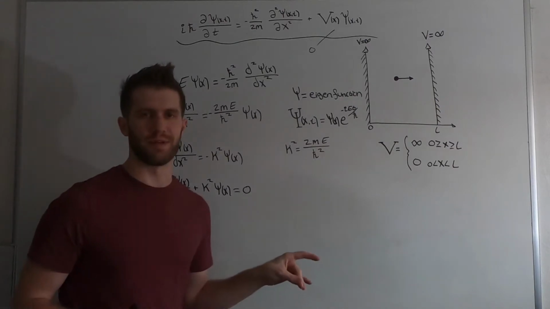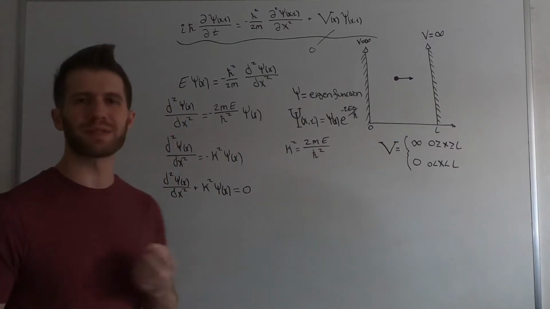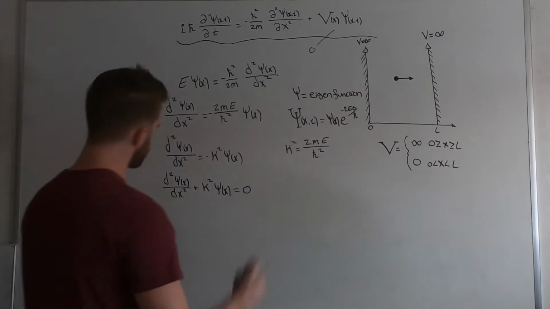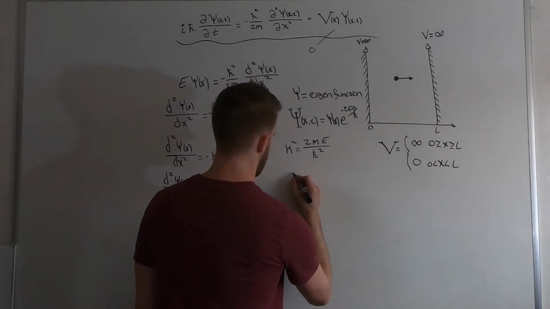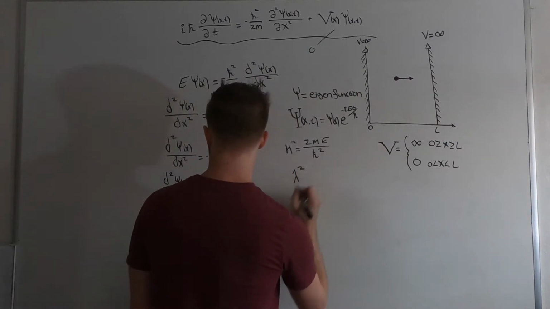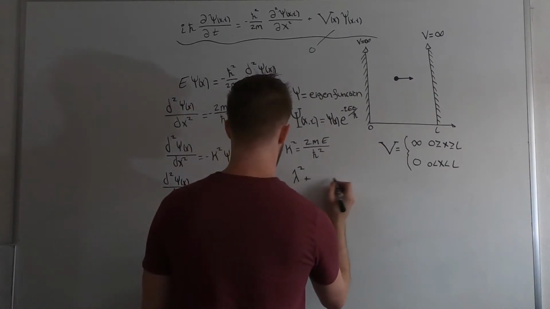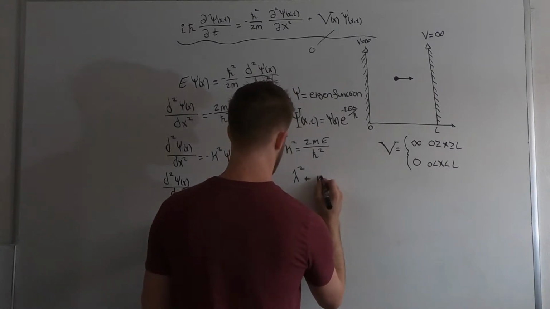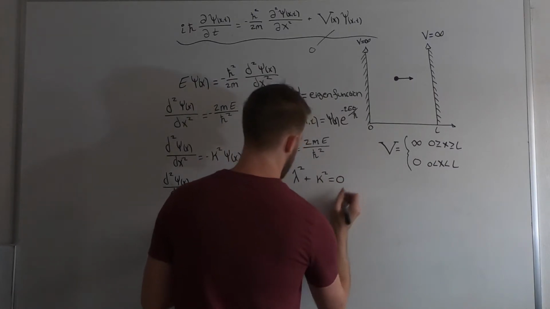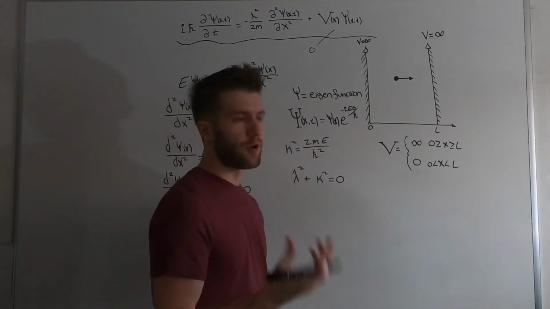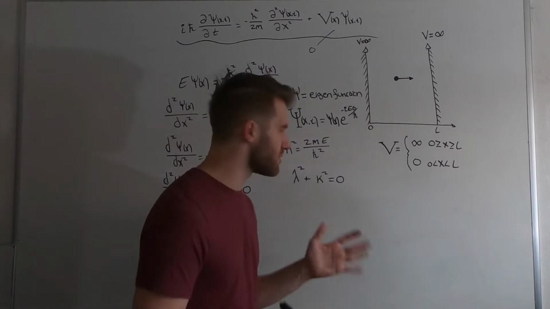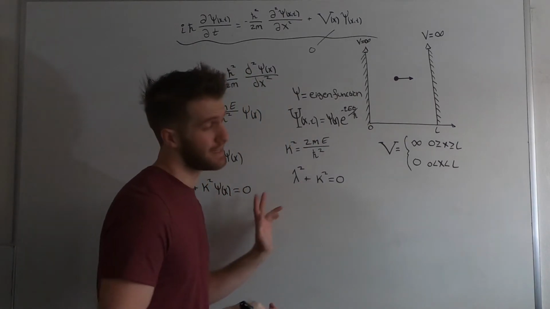All we really need to do is bring out the old characteristic equation. The characteristic equation is going to be lambda squared plus k squared equals 0. And we basically just solve for lambda. Sometimes you would use the quadratic formula, or do some factorization, but fortunately we don't need to do that.